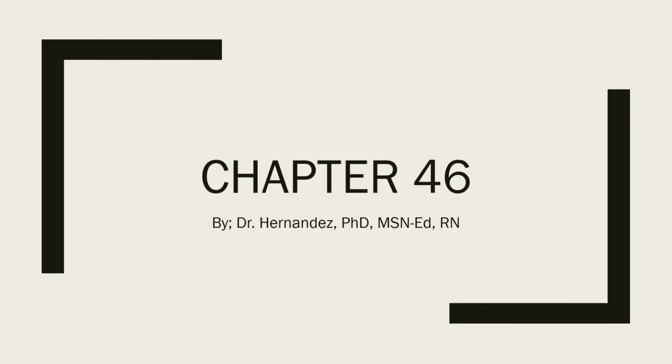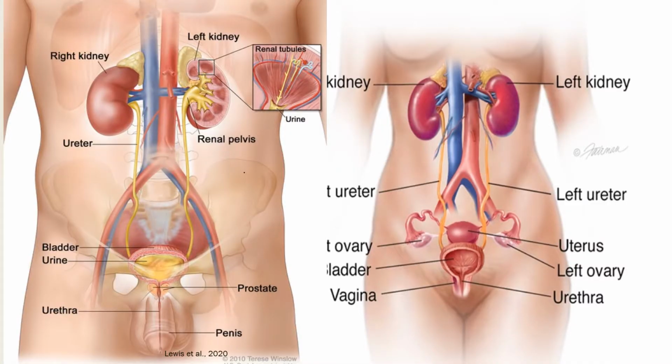Hello everybody, so we will discuss renal concepts focusing on the different disease processes that might be involved and what is our role in regards to that. So as you all know, this is the male urinary system. Okay, so we have our kidneys, our ureters, our bladder, and our urethra, and also for female.